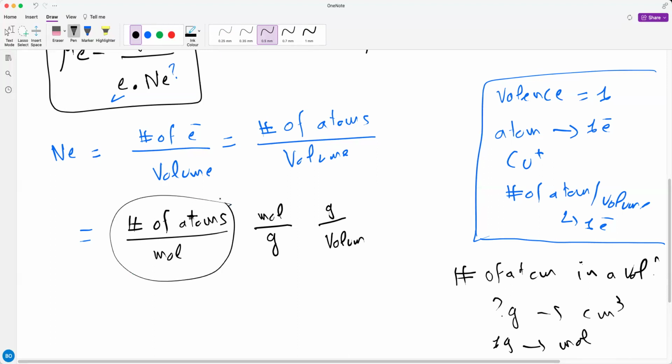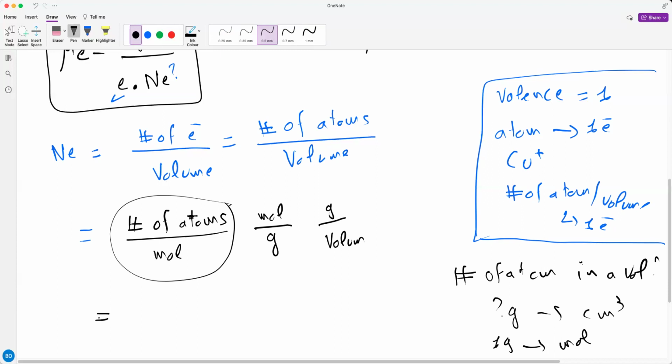How many atoms do we have in 1 mole? Any atom. If you take any atom, how many atoms do you have in 1 mole? In 1 mole of iron, it's the same number. You have seen it in high school.